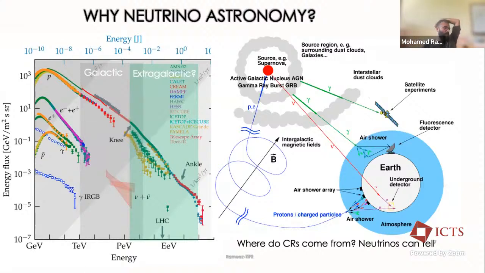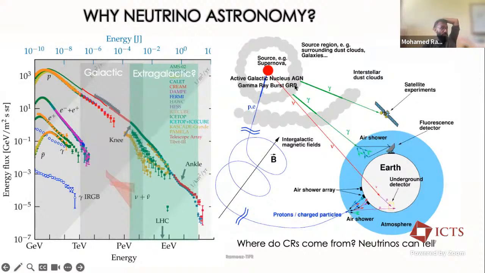On the other hand, wherever cosmic rays are being accelerated, protons and heavier nuclei are being accelerated, they probably interact among themselves and also with the background photons there to produce charged pions, and those charged pions decay to neutrinos and also muons, which then further decay to neutrinos.